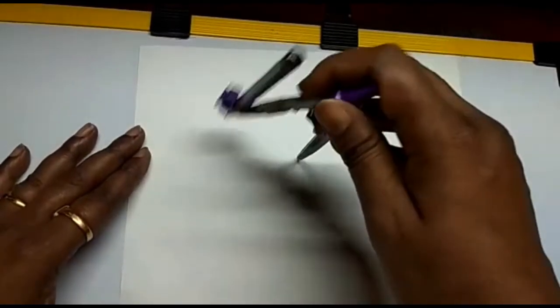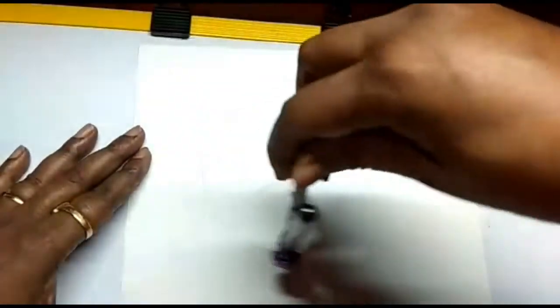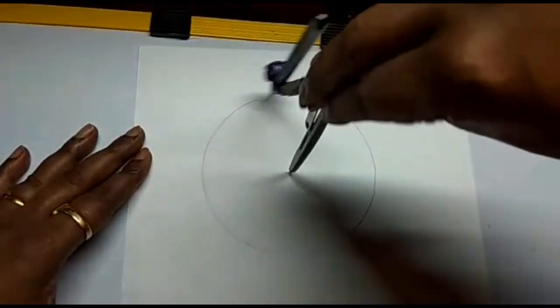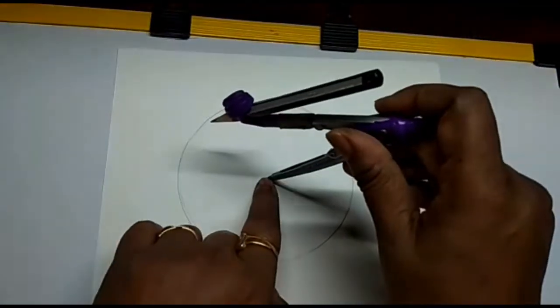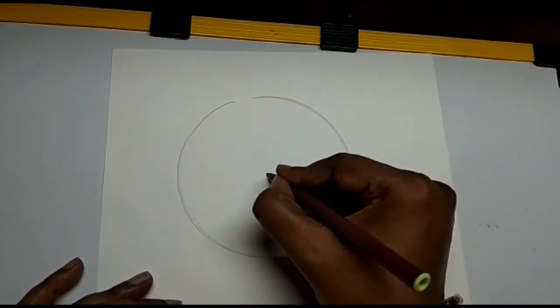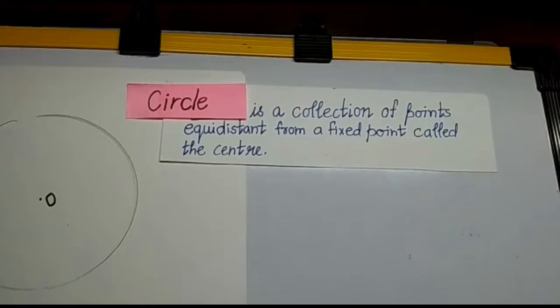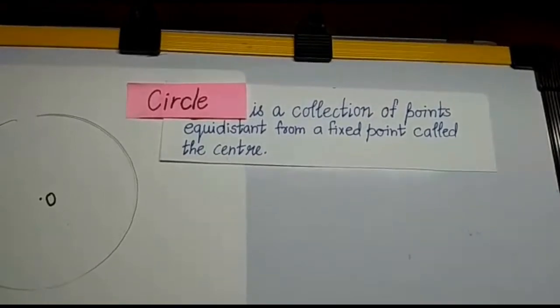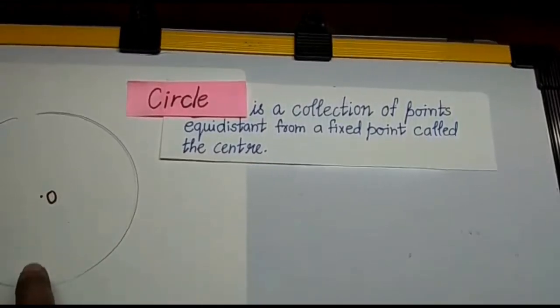Students, using this compass, we will draw a circle. So here is a circle. And this is the center point of the circle, which we are naming O. Now we can define the circle as a collection of points equidistant from a fixed point called the center.